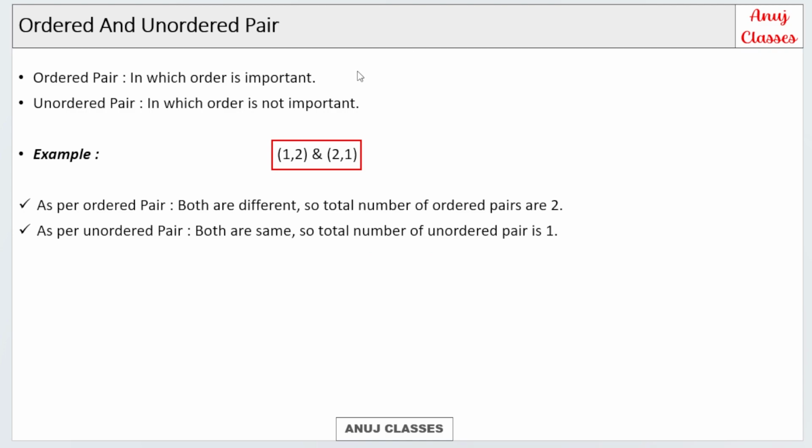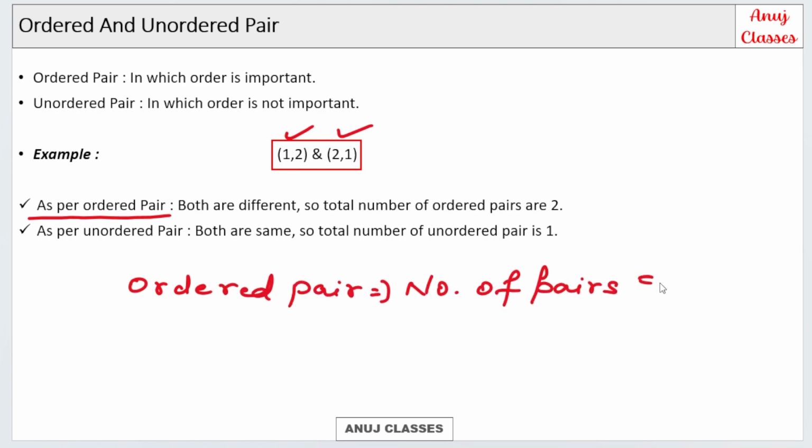The ordered pair is the one in which the order is important, whereas the unordered pair is one in which the order is not important. We have a pair 1, 2 and 2, 1. As per the ordered pair, we can say that the number of pairs will be 2. And as per the unordered pair, both these pairs 1, 2 and 2, 1 will be the same.